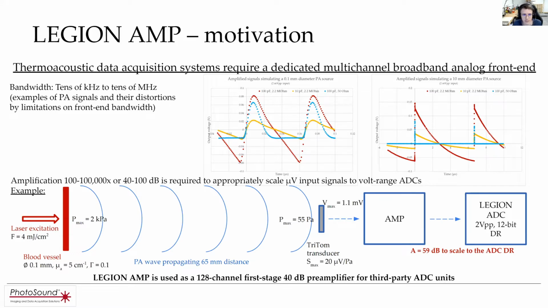And this would include the Verisonics system. What this Legion amp will do is help to improve the signal to noise ratio as well as low frequency response. To accomplish this, our Legion amp is designed with a high input impedance rather than the frequently seen 50 ohm impedance of many other systems.